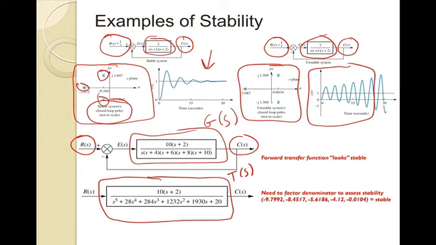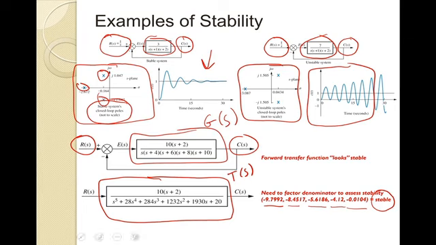I'm going to use some math routine to find the roots, set that equal to 0 and find the roots. I have 5, and all of them are negative. They're all in the left half plane, so I have 5 poles in the left half plane. That system is going to be stable.